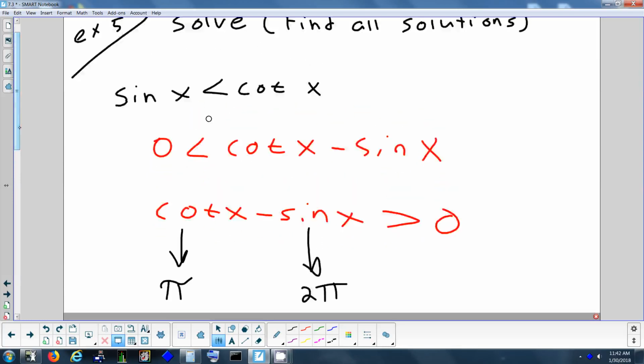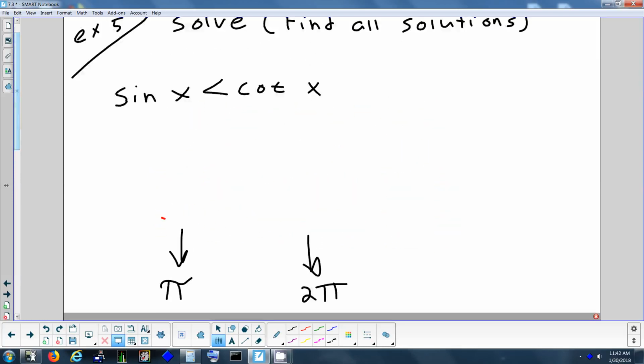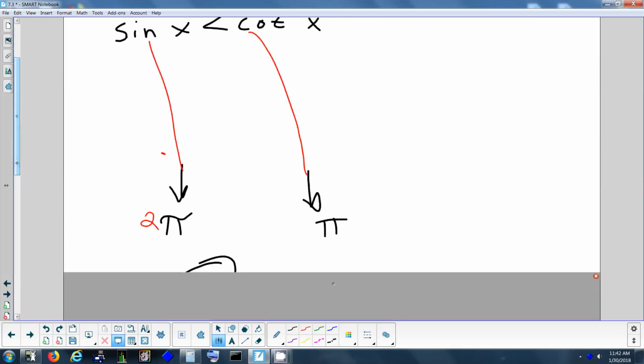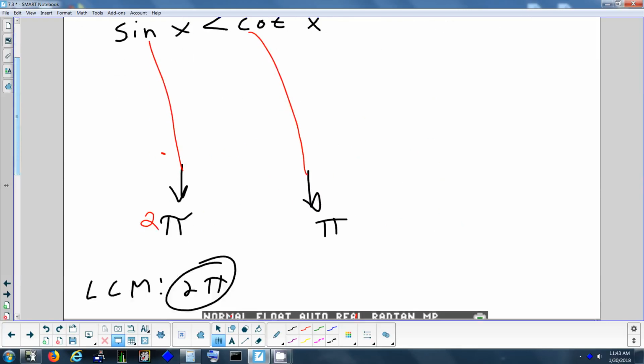So the period of sine is 2 pi, and the period of cotangent is pi. LCM, 2 pi. So what that means is once you get an interval for an answer, put plus 2 pi k on the interval.